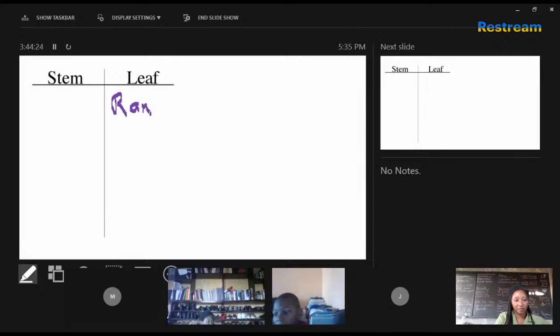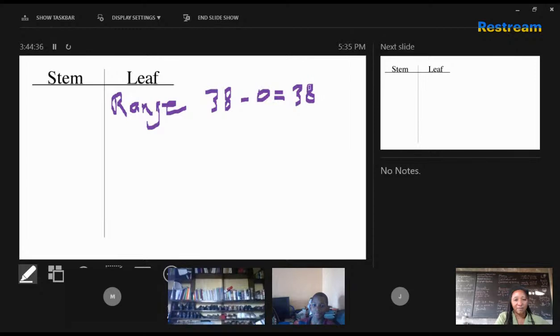So the range would be 38. The highest minus the lowest, which is 38. And what's the median? The middle number. Back to the numbers, please.